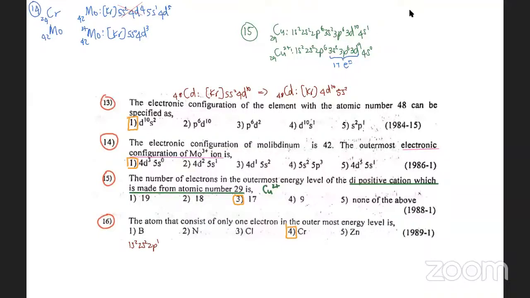Outermost energy level means the main energy level, so 3 electrons for boron. Nitrogen has 5 electrons: 1s2, 2s2, 2p3. Chlorine: 1s2, 2s2, 2p6, 3s2, 3p5. Chromium, remember, goes like this: 1s2, 2s2, 2p6, 3s2, 3p6, 3d5, 4s1. This is chromium.